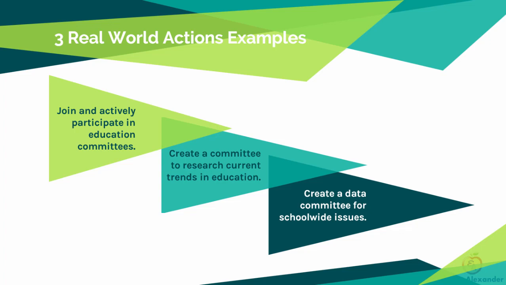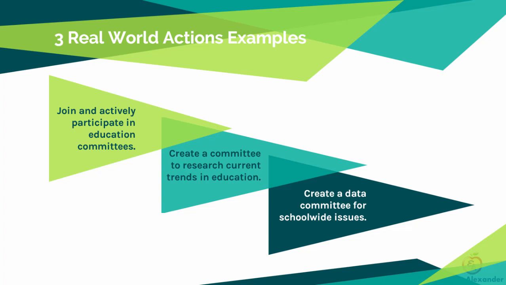And that fits hand in hand with a data committee for school-wide issues. So when you're looking at student test scores, when you're looking at climate surveys and all that kind of stuff, all that data, somebody needs to go through it and say, hey, this is what we need to work on. The data says this is what we need to work on.